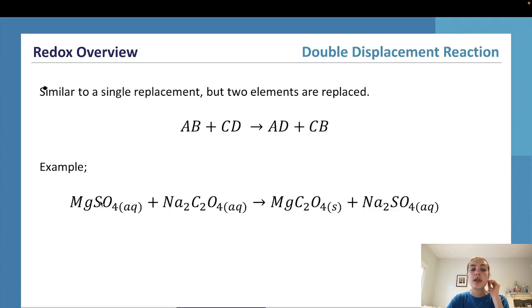Our rules tell us that oxygen is going to have a -2 charge, and each magnesium is going to have a +2 charge. But we also need to remember that we have 4 oxygens.